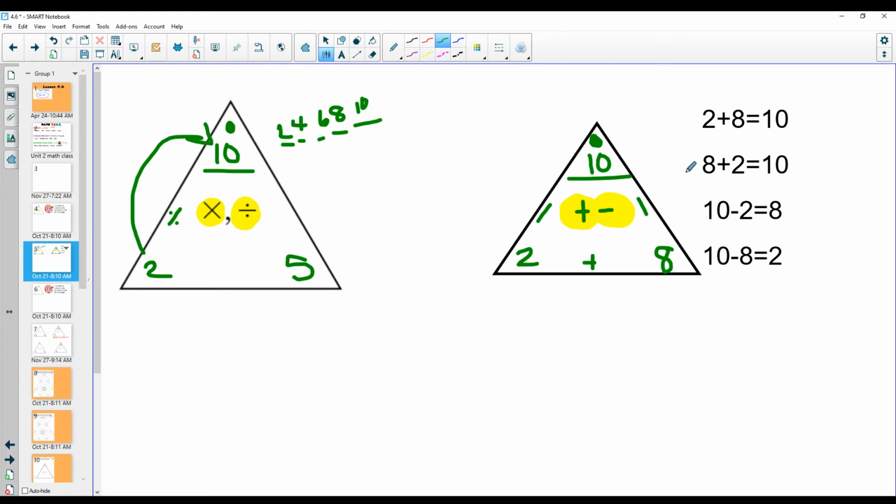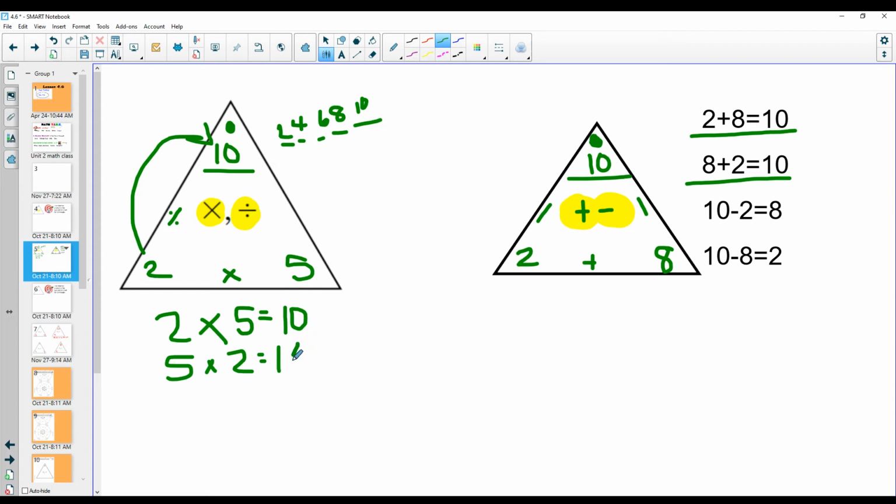Okay, so let's look at how they're the same. The first thing I can do is 2 times 5. Okay, 2 times 5 equals 10. Now, look here. We're going to do the same thing. We're going to do the turnaround fact. Instead of starting with 2, we'll go 5 times 2 equals 10.